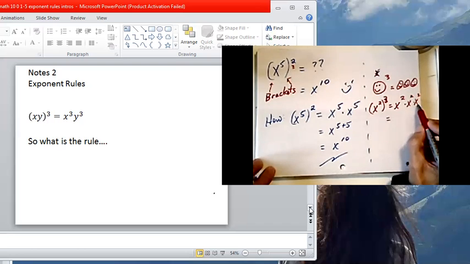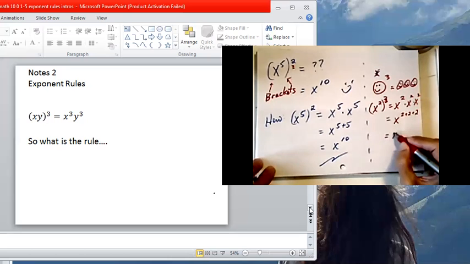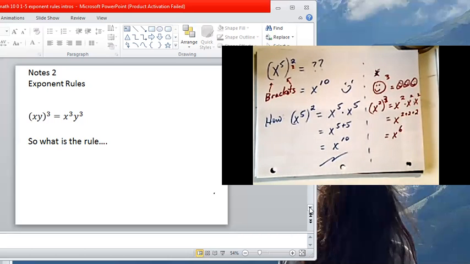We can work this though, and we did before. Same question, x squared to the 3. 2 plus 2 plus 2 like that gives x to the 6. Okay, that's good?